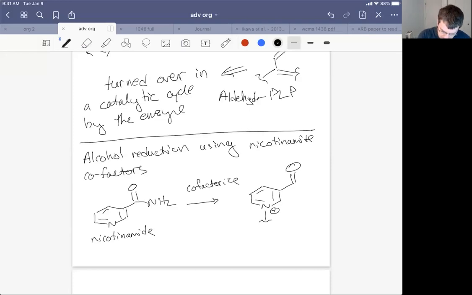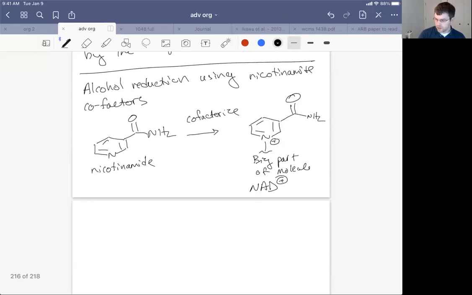It's just big. So this is the big part of the molecule. And so we would call this NAD, or nicotinamide adenine dinucleotide. I'm going to go ahead and write this as a little plus to remind myself we're in the plus state.